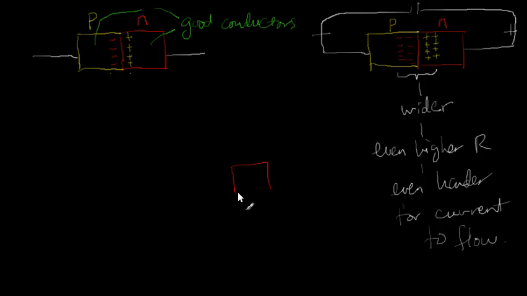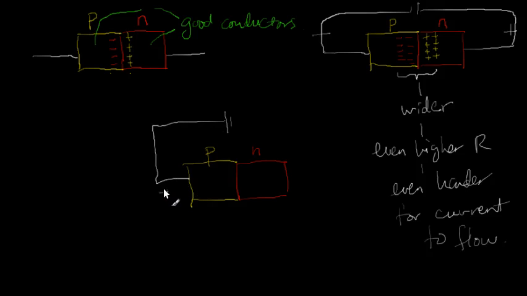So this is the N-type, a little bit bigger, and this is the P-type. This time, I want to connect the battery the other way around so that this side is plus and this side is minus. So what happens now?